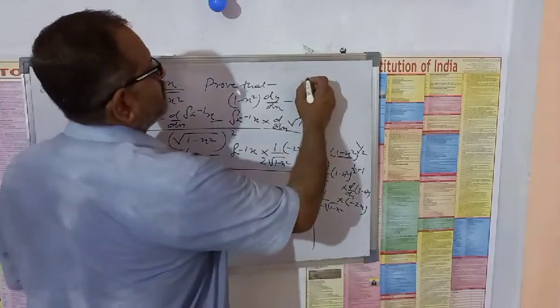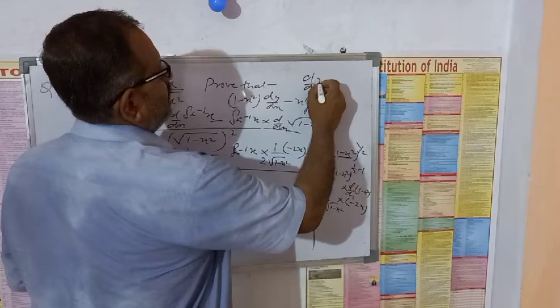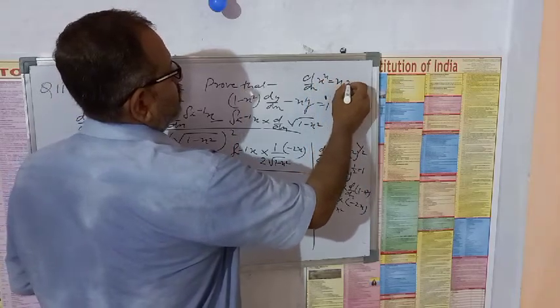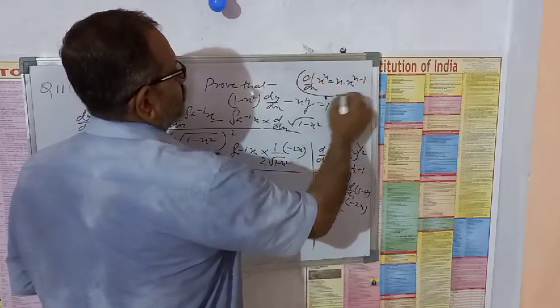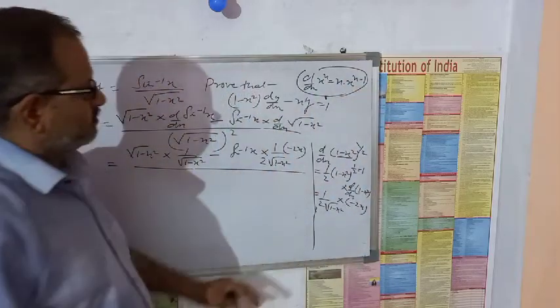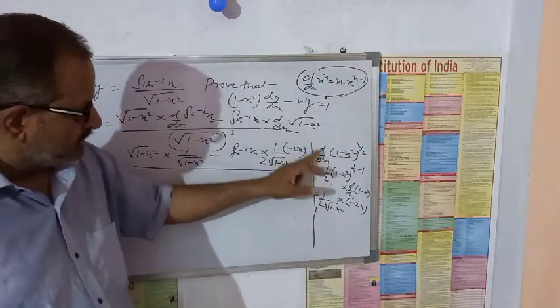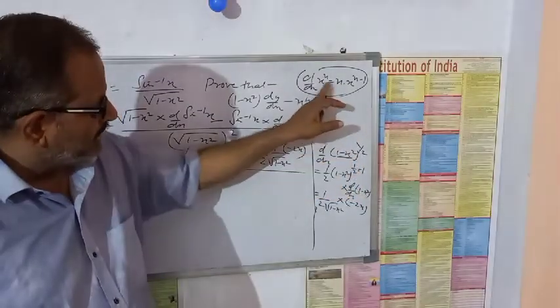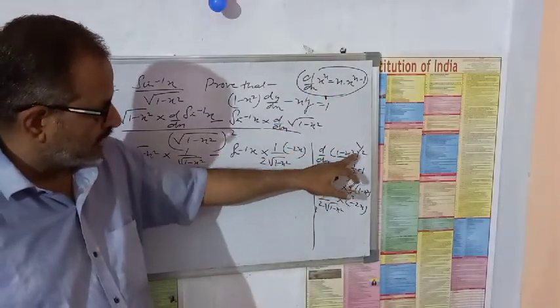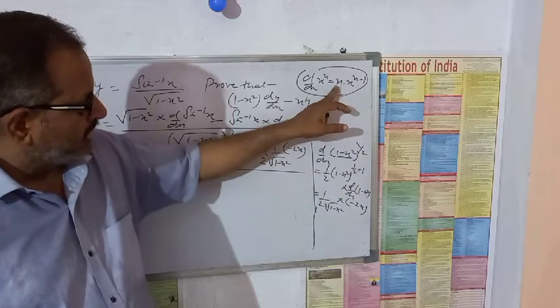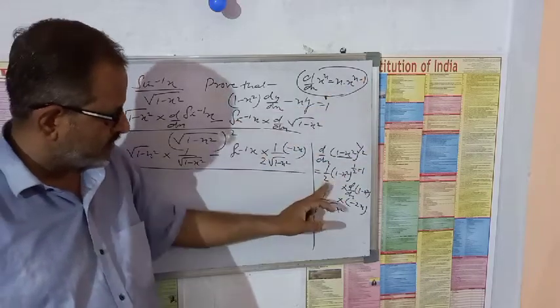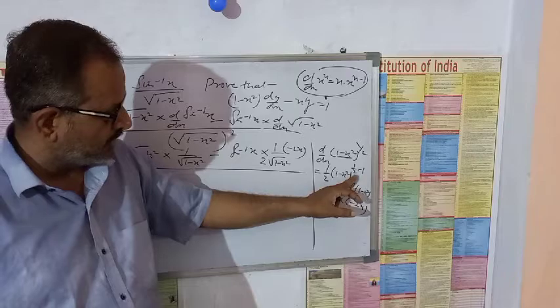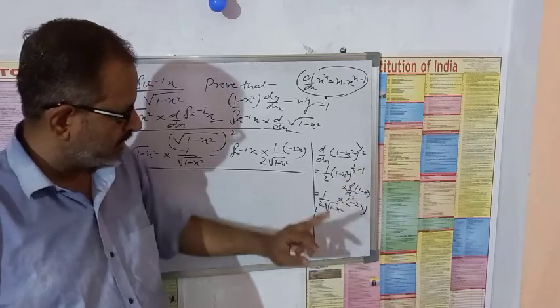Here we know that d by dx of x to the power n is n into x to the power n minus 1. So root 1 minus x square means 1 minus x square to the power 1 by 2. Here x is 1 minus x square and power n is 1 by 2. So write n into x to the power n minus 1, 1 by 2 into 1 minus x square to the power 1 by 2 minus 1.